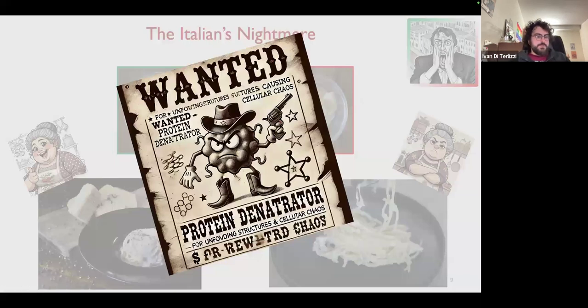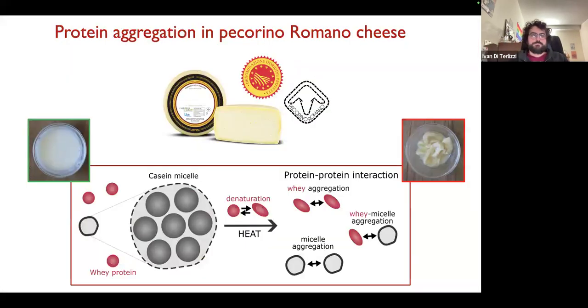The protein denaturation happens at 65 degrees, more or less, and the microscopic properties of the sauce components change, determining at the larger scale this macroscopic phase transition. In particular, the cheese contains two kinds of proteins, the whey proteins and the casein proteins, which are found in the form of micelles.